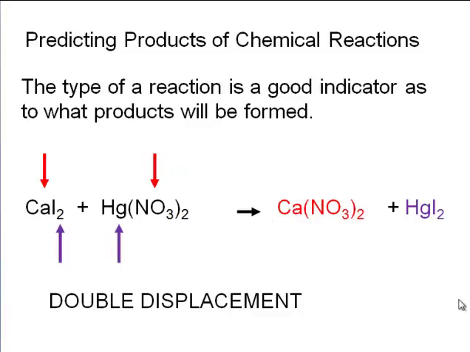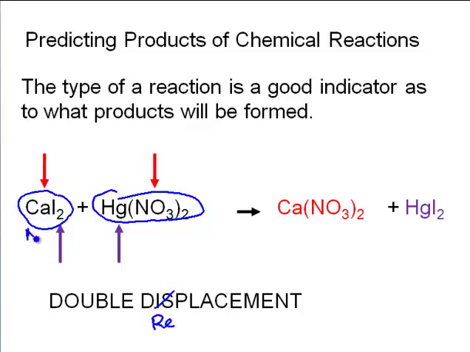Okay, now you're going to be able to predict what type of products will be formed based on what type of reaction it was. So the type of reaction, as it says, is a good indicator of what products will be formed. I have a compound and a compound. If I have a compound with a compound, it's going to be a double displacement or replacement, however you want to say it, reaction.